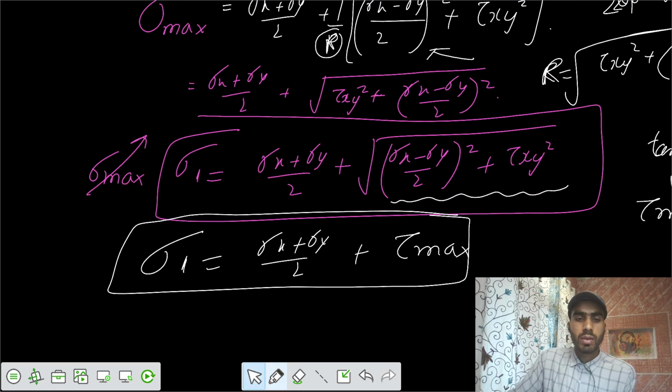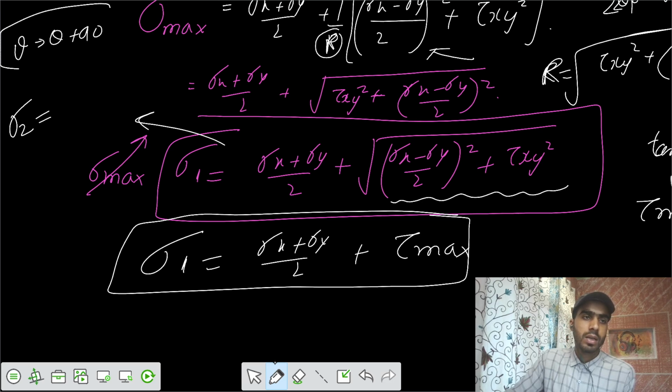Once you have the value of sigma 1, you can get the value of sigma 2 by substituting theta plus 90. Theta p1 was this one, so theta p2 becomes theta p1 plus 90.